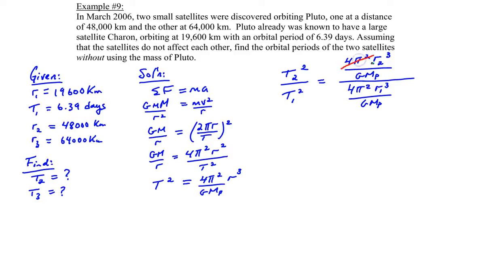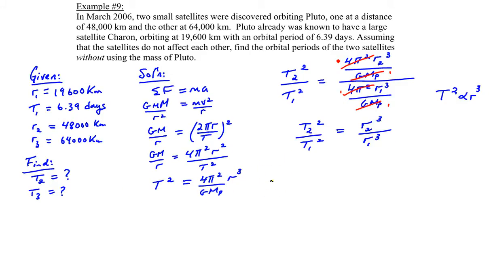And so essentially the 4 pi squared cancels out, and the GM cancels out, and you get T2 over T1 squared is equal to R2 cubed all over R1 cubed. So T squared is proportional to R cubed. And I suppose you could just jump to there, but you really do need to explain that this came from Kepler's third law.